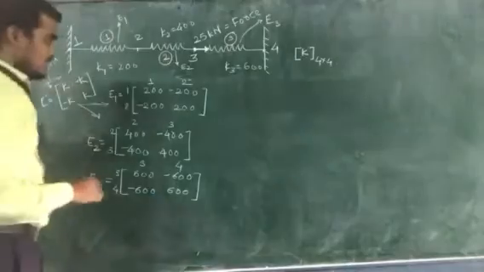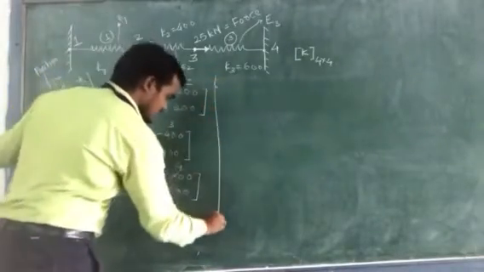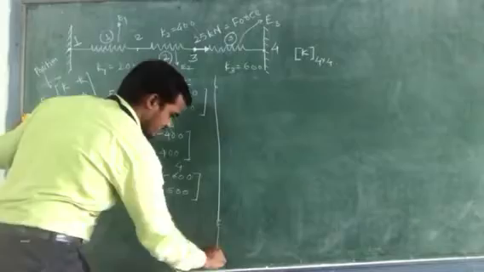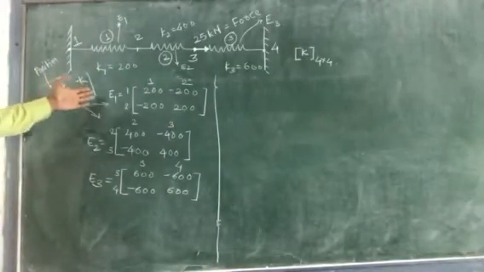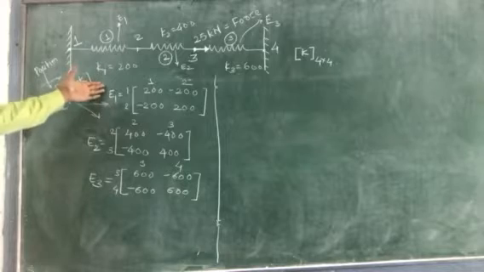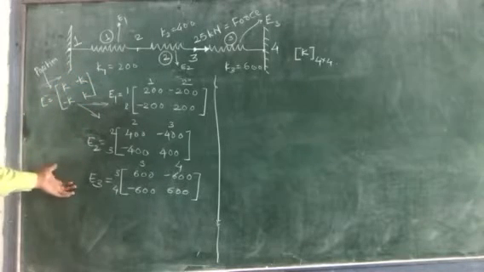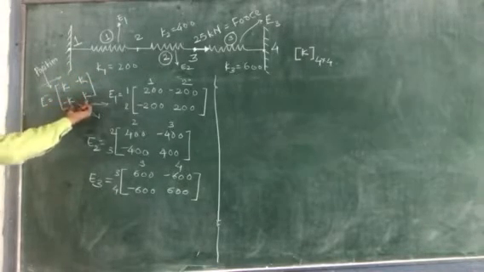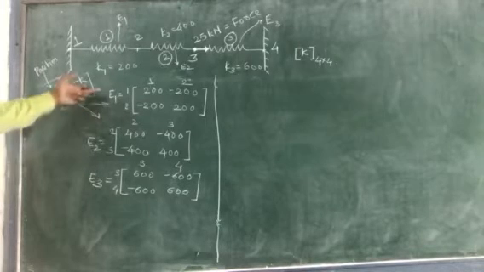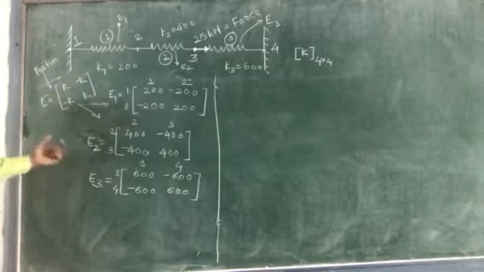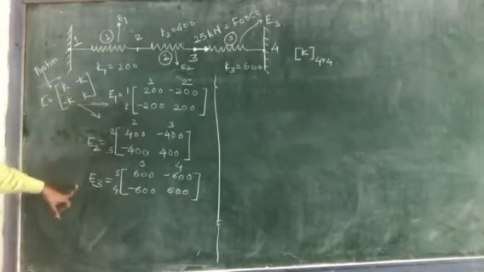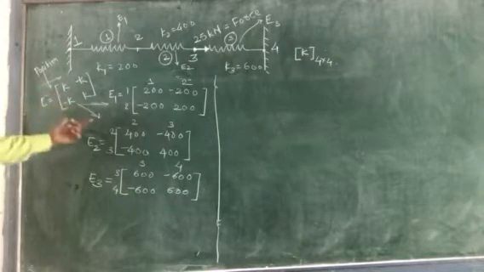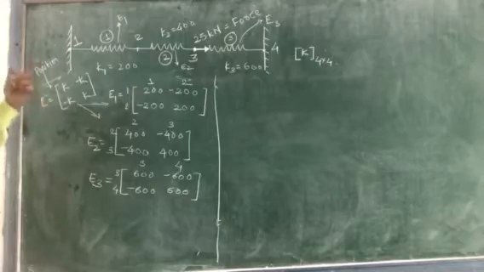Now, this is your first step. Here we calculated our 3 elemental stiffness matrices by using the generalized stiffness matrix for the spring element. So E1, E2 and E3 are known. Now by using these 3 elemental stiffness matrices, we can write our global stiffness matrix.